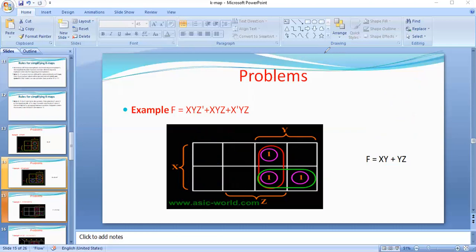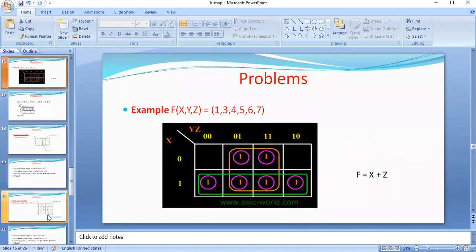Next, I'm taking another problem. In previous problems, we placed the given expression in the K-map.